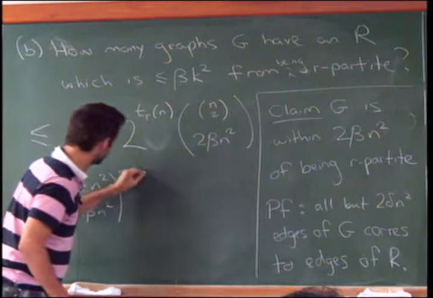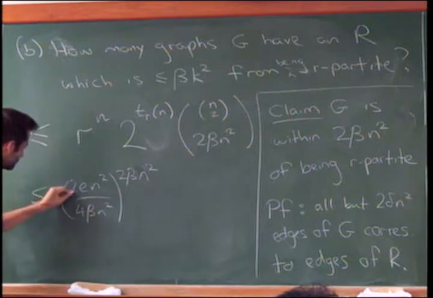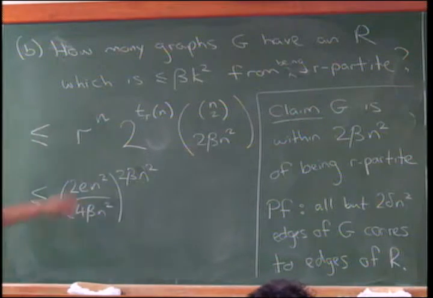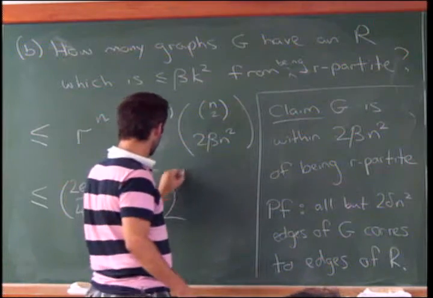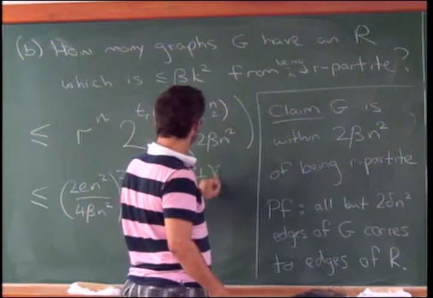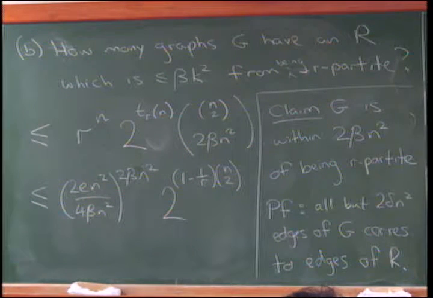Sorry, R to the n is tiny and doesn't matter. Stick a 2 in there. And here we have 2 to the 1 minus 1 over r n squared, basically.